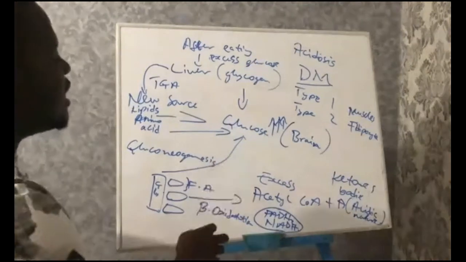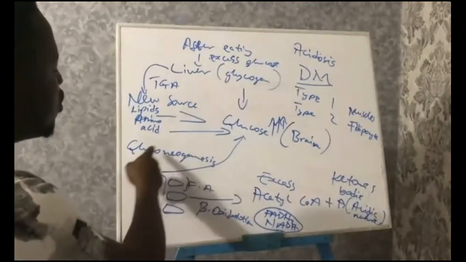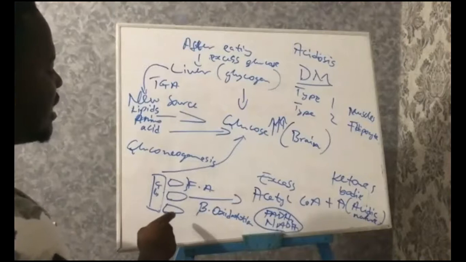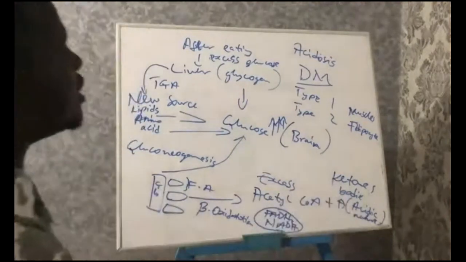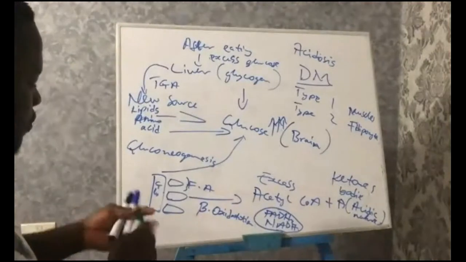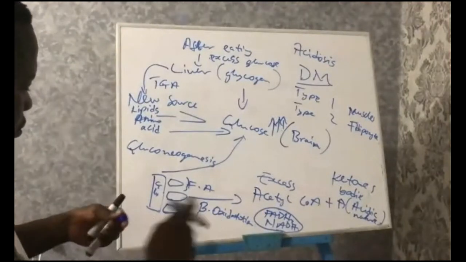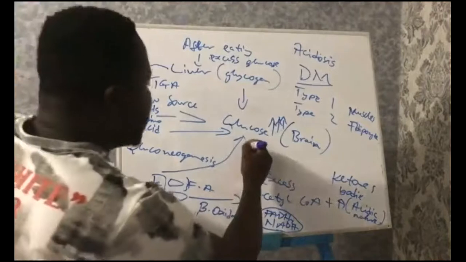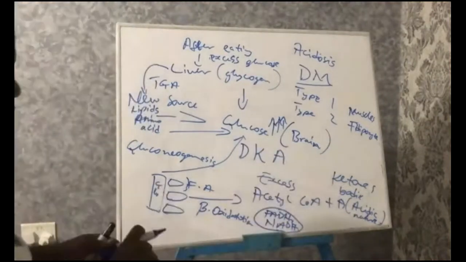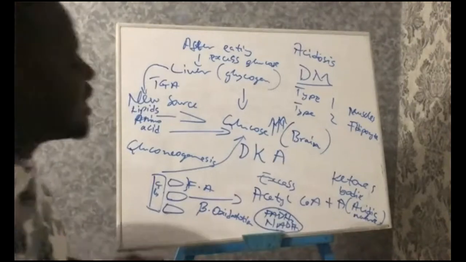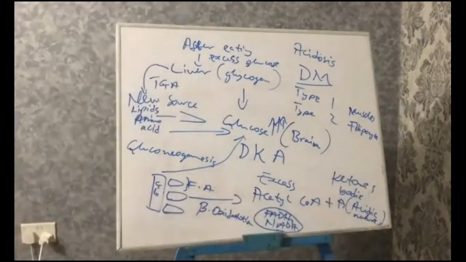And if someone is having diabetes and this gluconeogenic pathway has been activated, and it has led to the production of excess ketone bodies, that is what we call DKA, diabetic ketoacidosis. Okay?